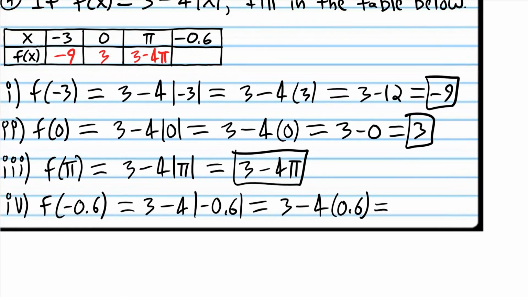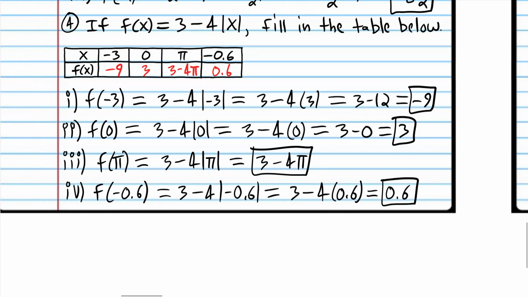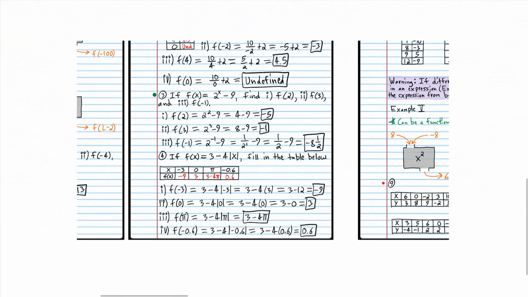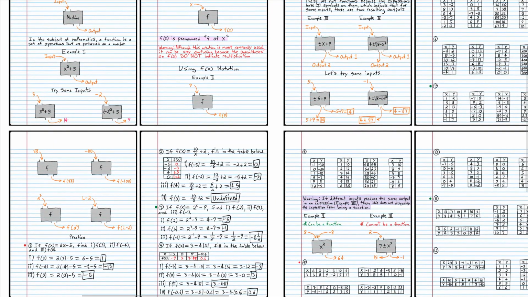Then we have 3 minus 2.4, which is 0.6, or you can write that as 3 over 5. So if you got that right, good job. Okay, so that was just some basic review there.